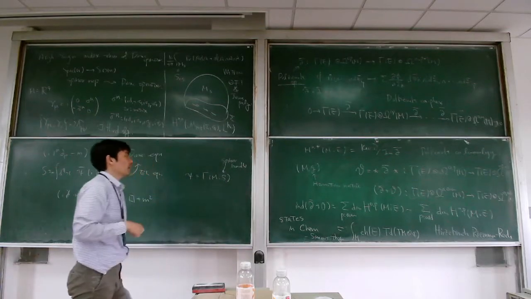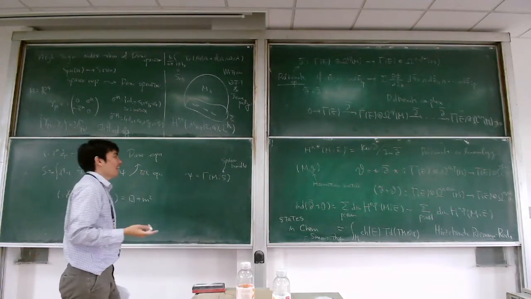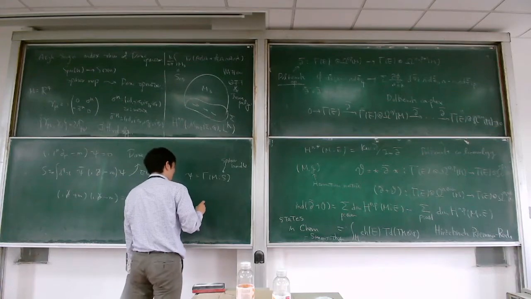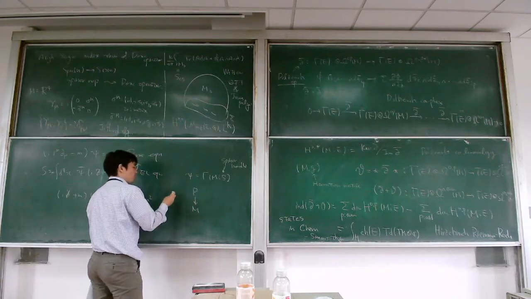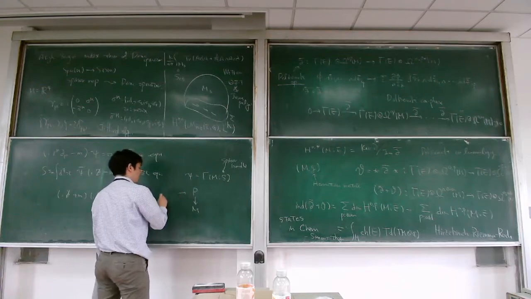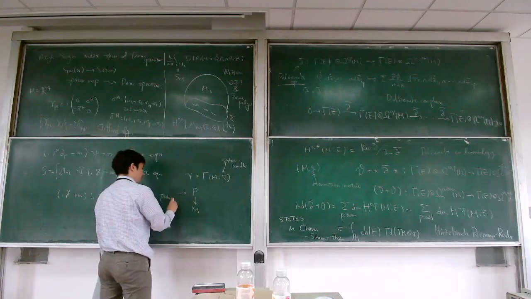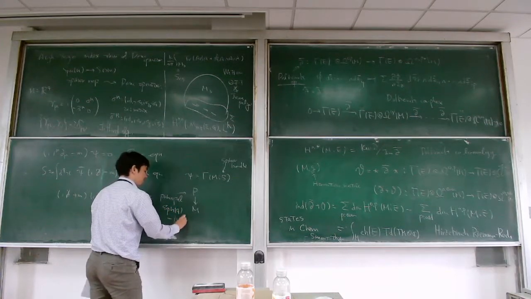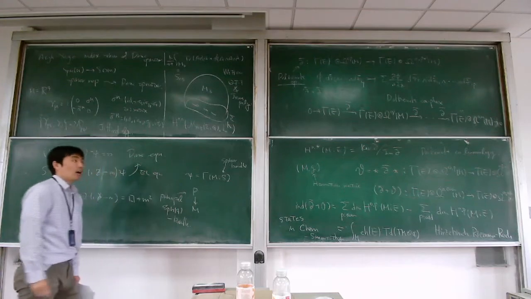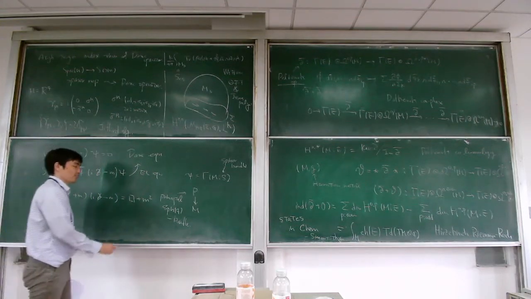You consider the principal G bundle over M, the principal Spin(n) bundle. In this case, P is the principal Spin(4) bundle.